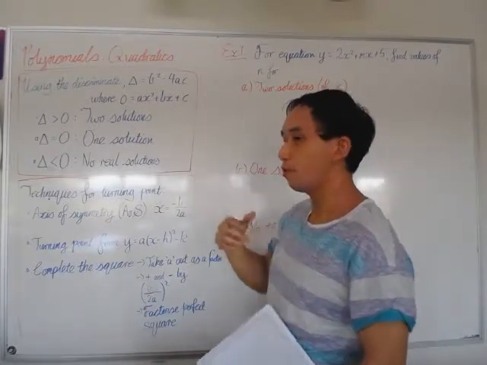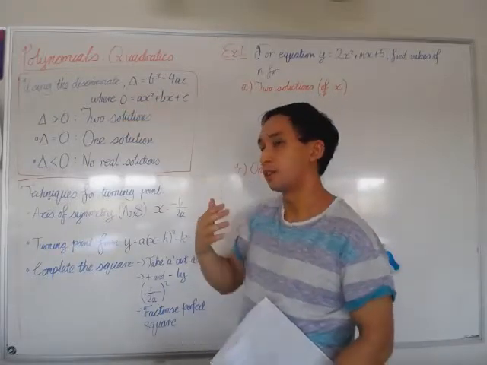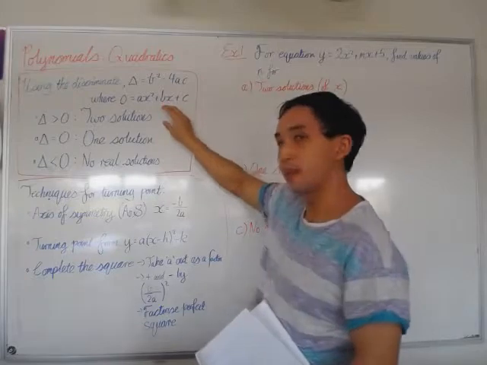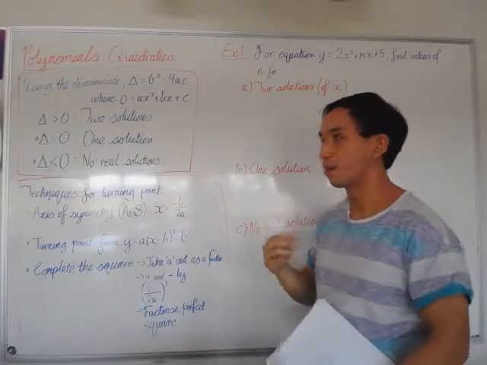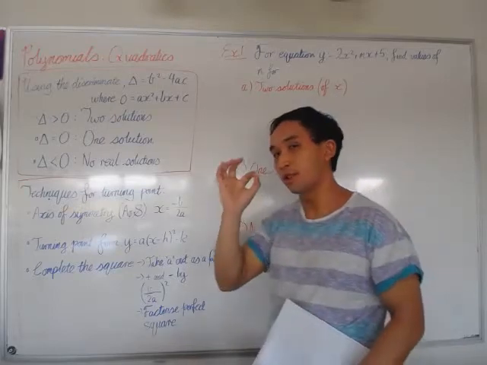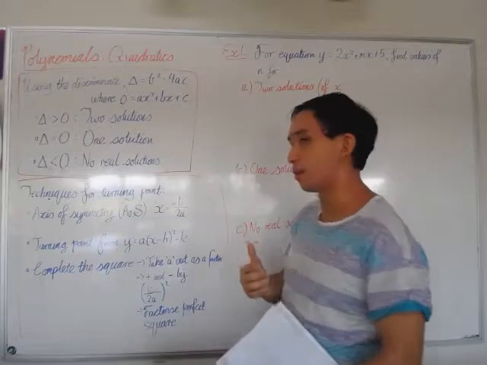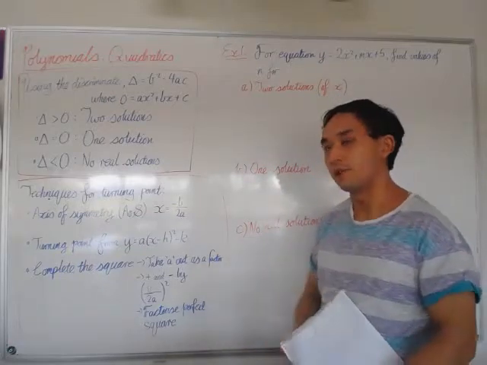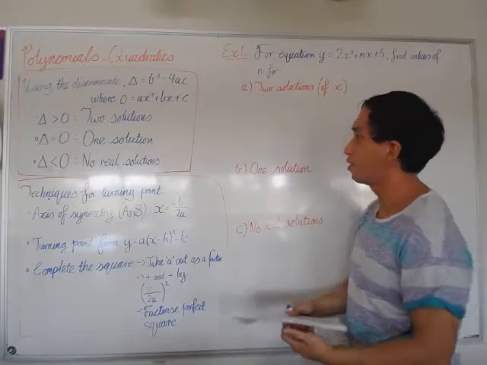In each quadratic equation where you have 0 on the other side, you're going to have two solutions if your discriminant is positive. So not 0, it has to be greater than 0. One solution if it's equal to 0 exactly, and no real solutions when it's less than 0, because of course there are still imaginary or complex solutions if it's less than 0.